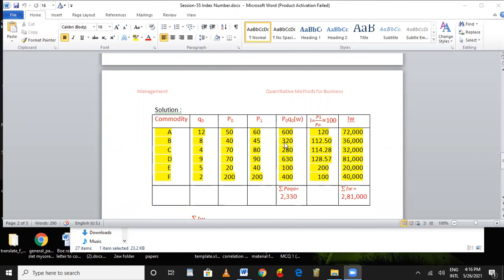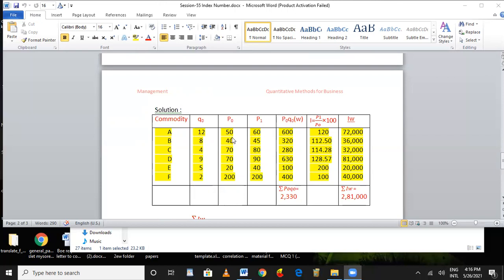After this, we have to multiply P0 into Q0. 50 into 12, 600. 40 into 8, 320. 70 into 4, 280. 70 into 9, 630. 20 into 5, 100. 200 into 2, 400. Then how will we get I? It is P1 divided by P0 into 100.